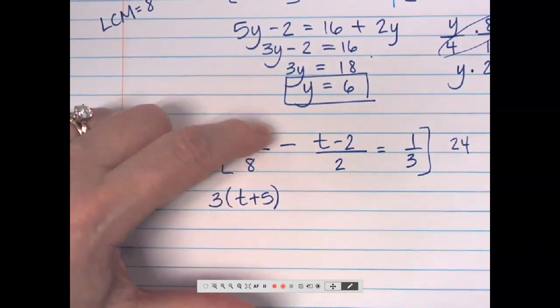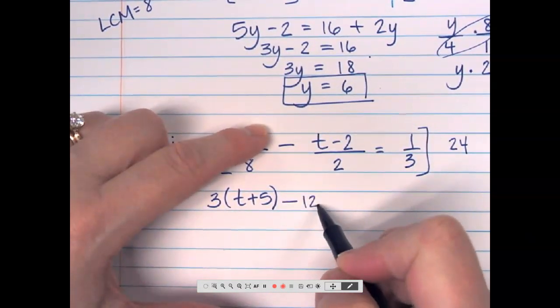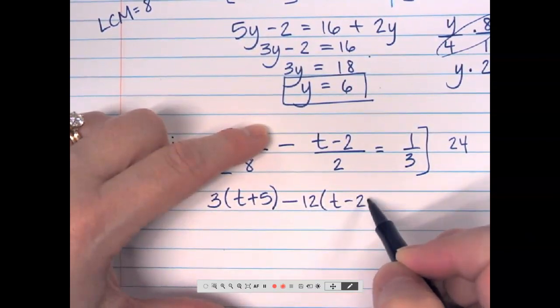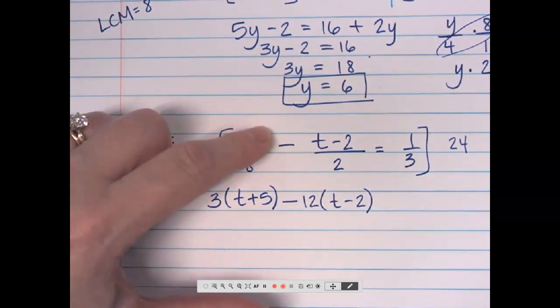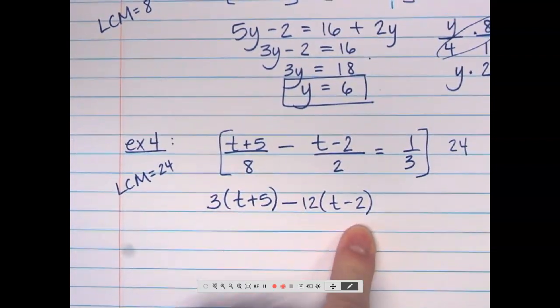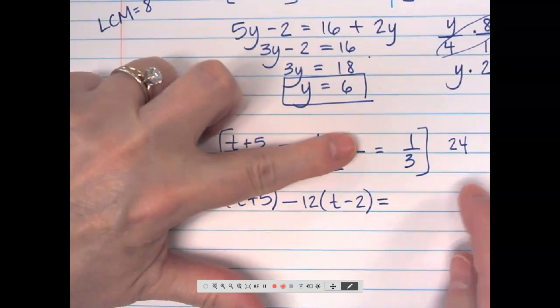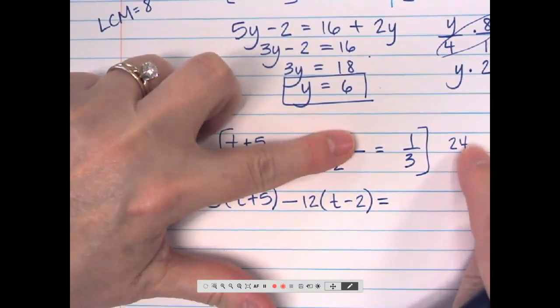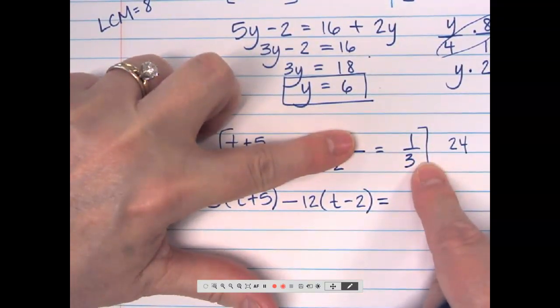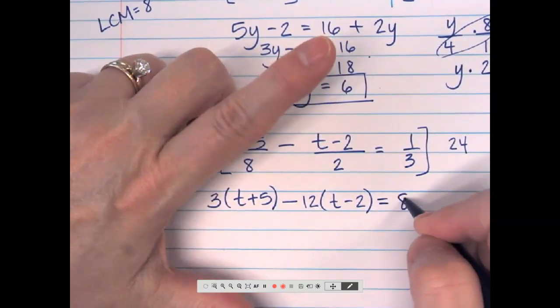Now be careful with this minus here. I'm still going to have the subtraction. I'm just putting the 12 in front of the quantity t minus 2. Then when these two multiply, it's just 24 divided by 3, which is 8.